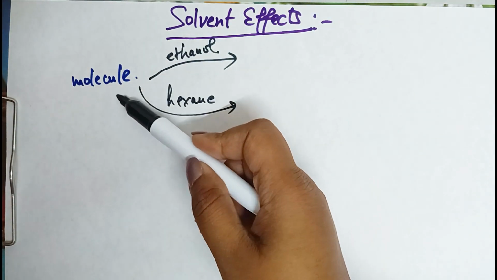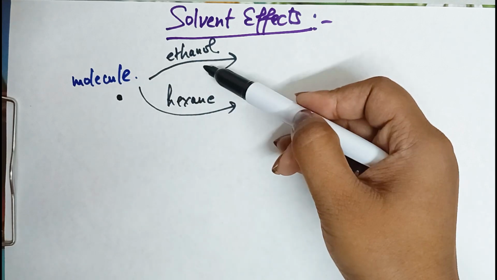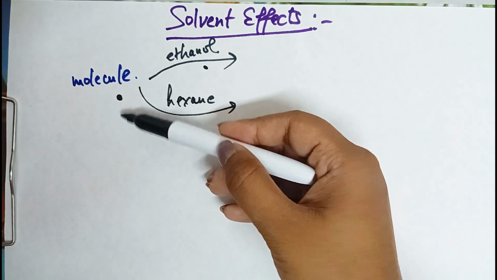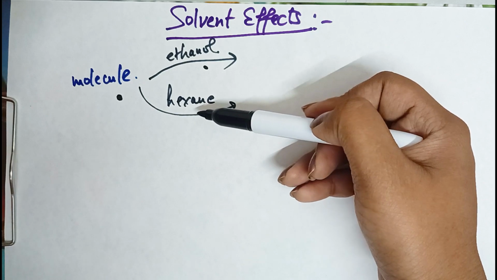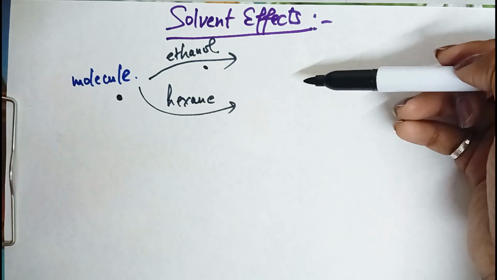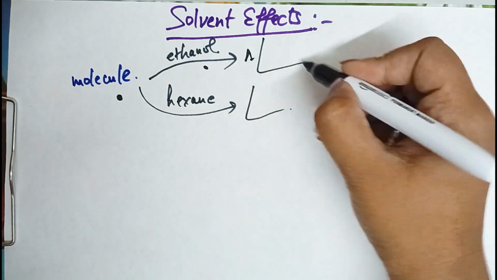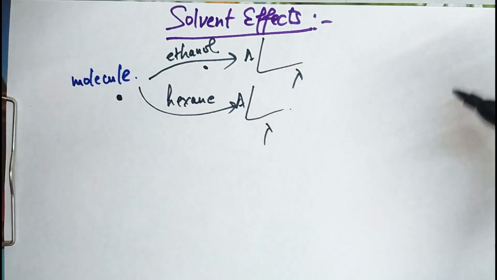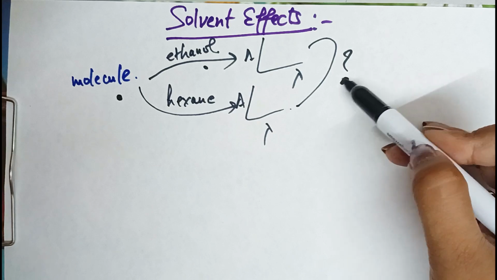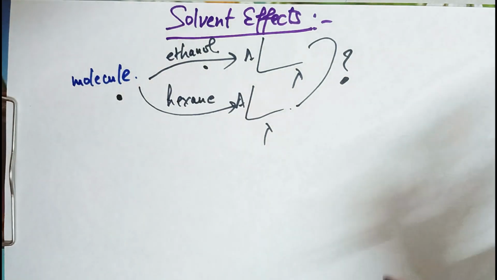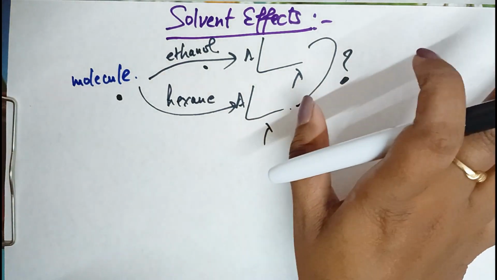When we take the molecule in ethanol, we take one spectra, and then we take that molecule in another solvent and we take the spectra. We take two different spectra, right? Absorbance and wavelength, absorbance and wavelength. So what are we going to observe in these two spectra?